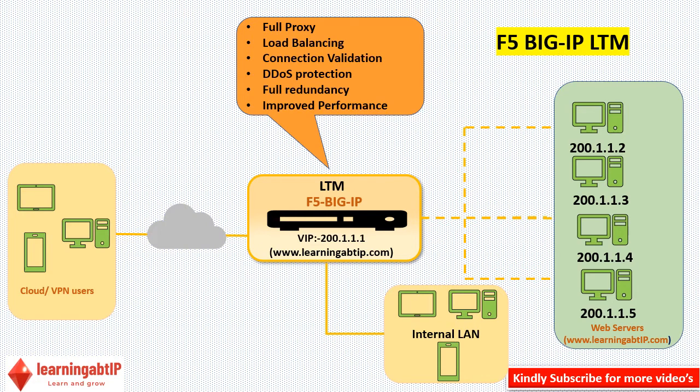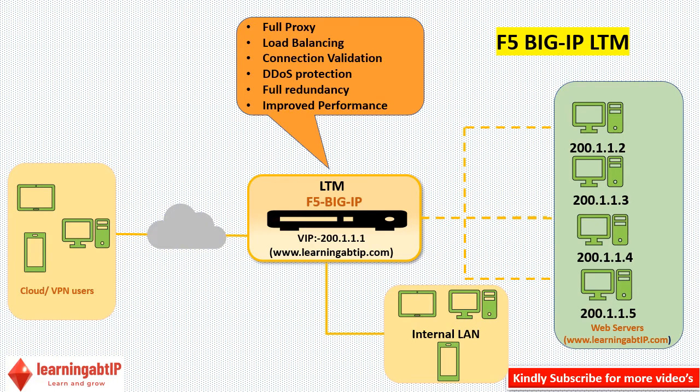Yes, we are talking about Local Traffic Manager, generally called LTM, which sits in the middle of client and servers. It provides a virtual IP address to the application, and the application is mapped with the same IP address in the DNS server. Now, all the users trying to access Learning About IP are using the same virtual IP address. All the servers in the pool are hidden from the user, right?